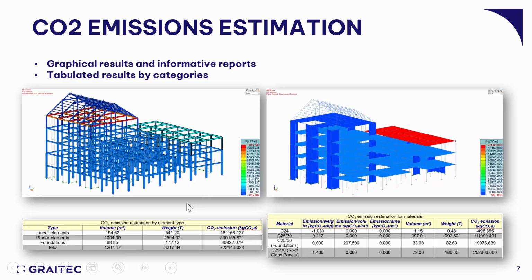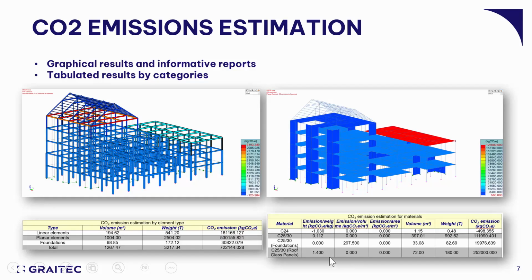Similarly, at the bottom, we have our very detailed report. The left one that you see here are the definitions that we went through in the past slide, and the one here are the results based on every material which is used in my structure.